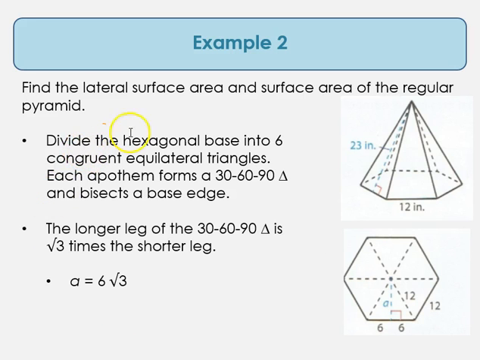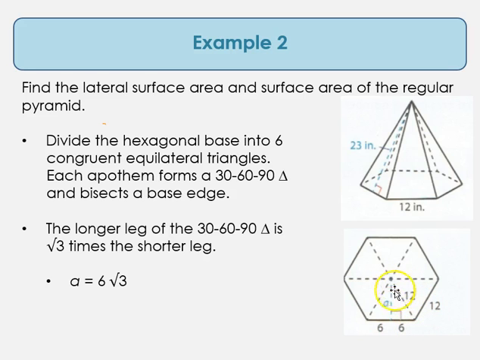Now we're going to divide the hexagonal base into 6 congruent equilateral triangles. And this is what that base would look like. If you draw your diagonals, you'll end up with 6 equilateral triangles. And if we go ahead and drop an apothem, it divides the base in half.